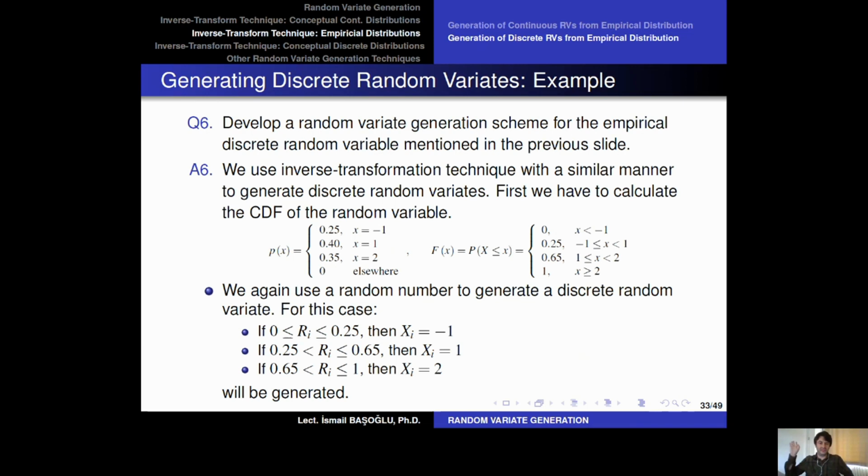For any discrete distribution, be it a binomial, Poisson, or Bernoulli random variable, this is the general idea of generating discrete random variates, of course, when you know its cumulative distribution function and when you have a pseudo-random number generator.